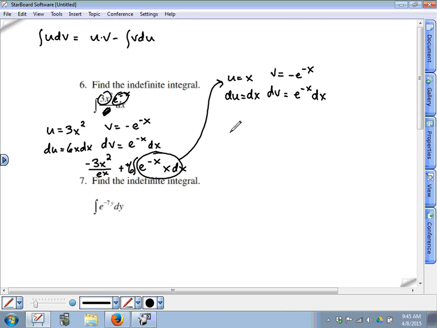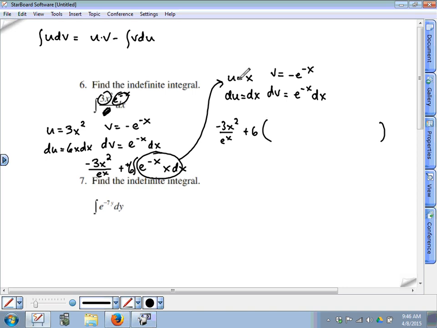So now I'm going to write this whole expression again here, but I'm going to expand out this integral using the integration by parts formula. So we have negative 3x squared over e to the x plus 6. Now I'm going to write the expansion of this using integration by parts.